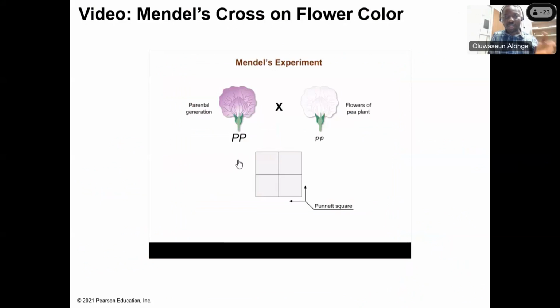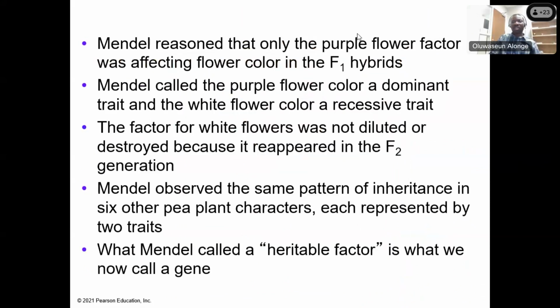All right. This is the same thing we've just done. Now, Mendel reasoned that only the purple flower factor was affecting the flower color in the F1 hybrid. F1 hybrid means the heterozygous purple, the uppercase P and lowercase p, F1, first filial generation.